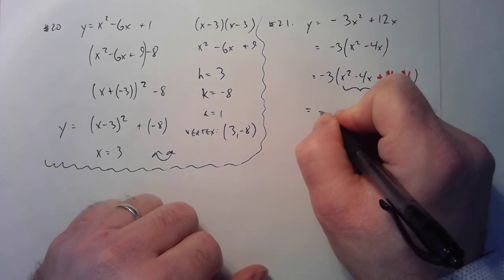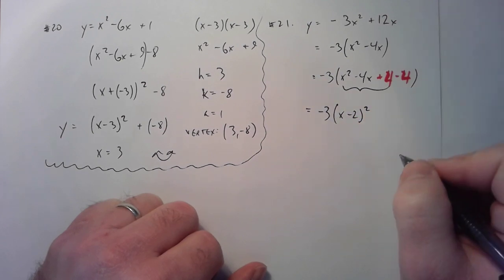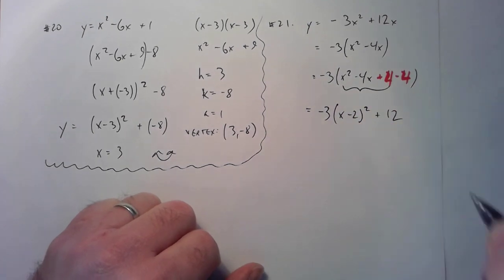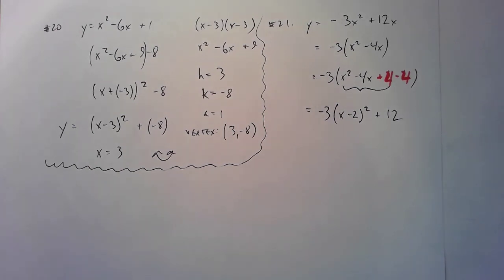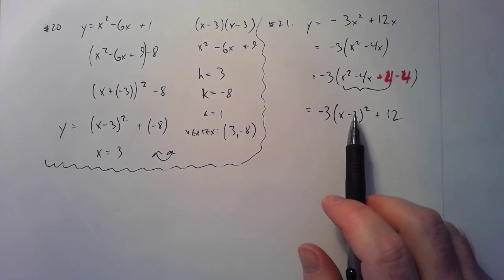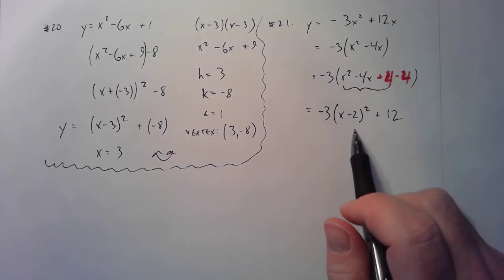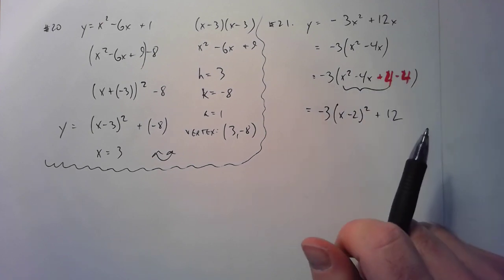So I'm looking at negative 3 of (x minus 2) squared plus 12. (x minus 2) squared is x squared minus 4x plus 4. That minus 4, I actually have minus 3 of them. That's why there's 12 outside.